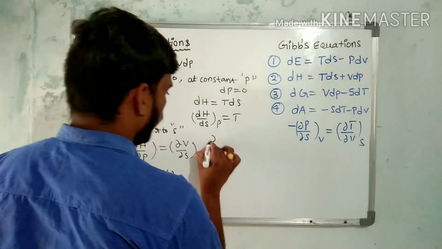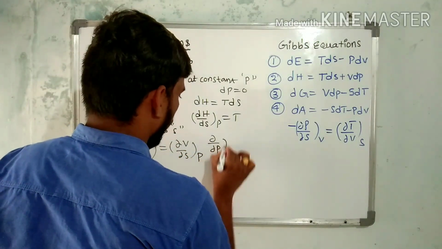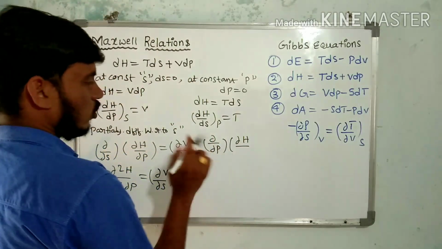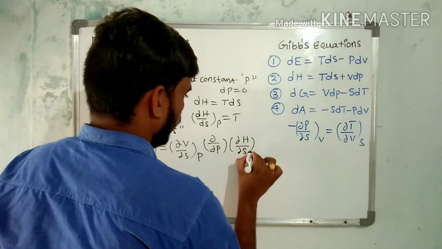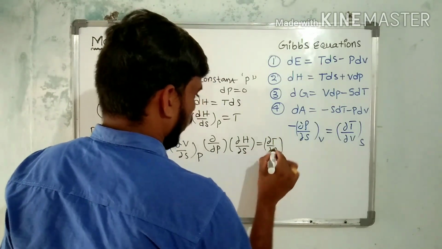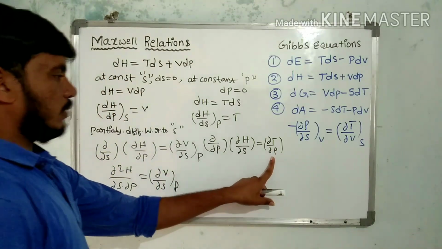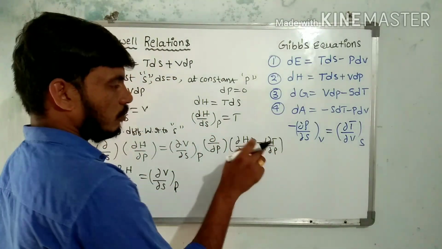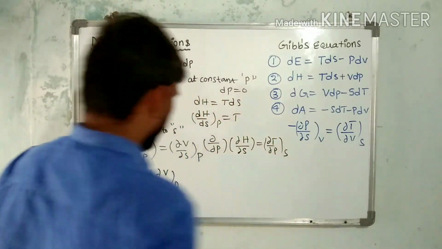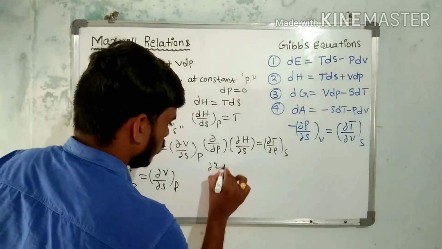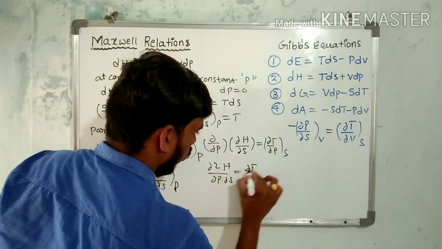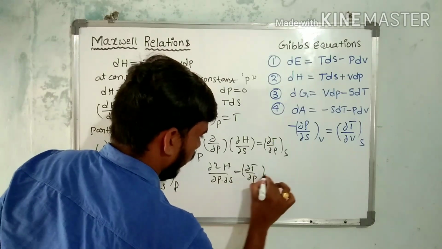Dou by dou P into dou H by dou S is equal to dou T by dou P. In dou T by dou P, the subscript is S. Now dou square H by dou P dou S is equal to dou T by dou P at constant entropy.